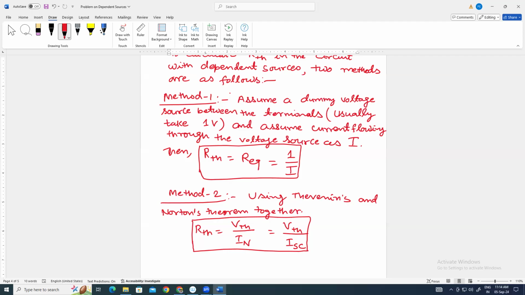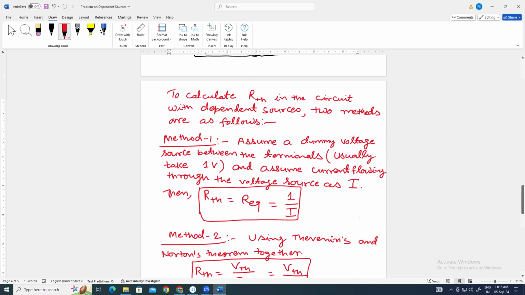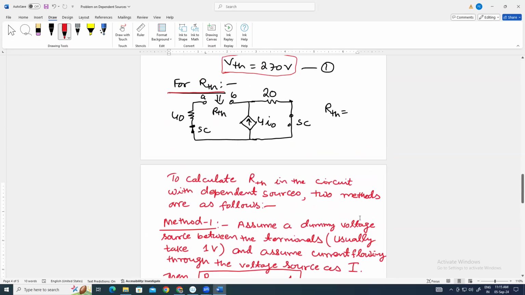So a voltage source can be converted into a current source, or a current source can be converted into a voltage source. So accordingly, you can calculate RTH, that will be VTH upon ISC or IN. VTH we will calculate by using Thevenin's theorem, ISC we will calculate by using Norton's theorem. Clear? So we will calculate RTH by using these two methods.